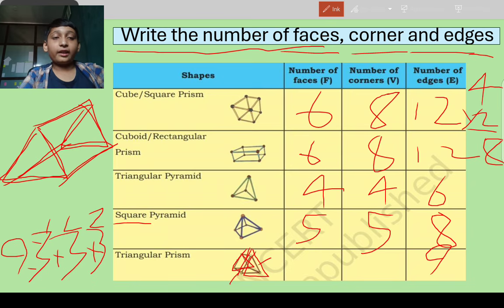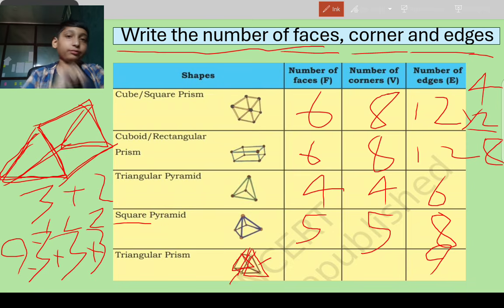Then there's triangular prism. Wait, did I just say that again? Weird. There are faces. Firstly, there's 1 face. How many sides are there? Triangle. 1, 2, 3. Then plus 2 always. The number of sides in the shape plus 2 is the answer, so it's 5.